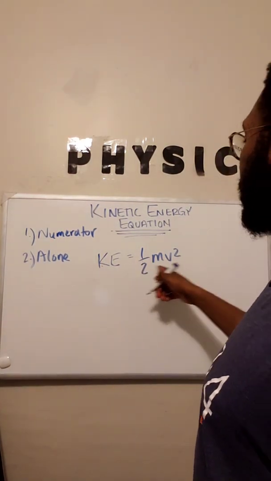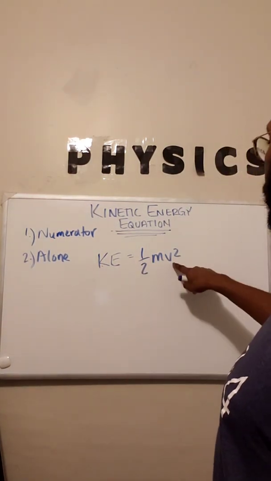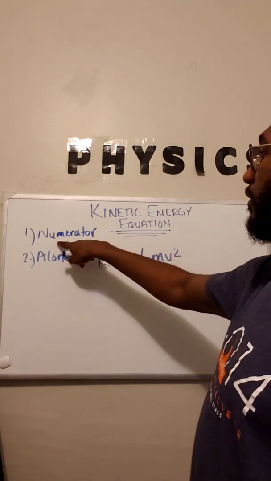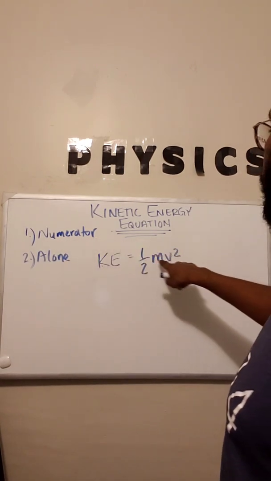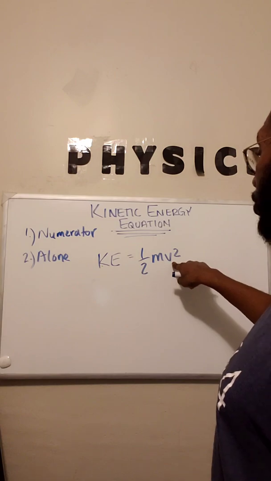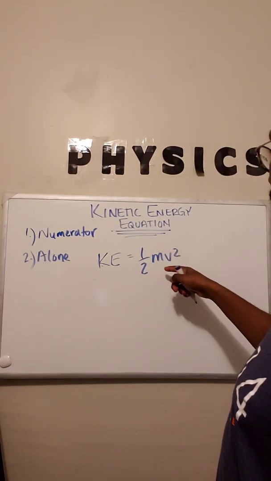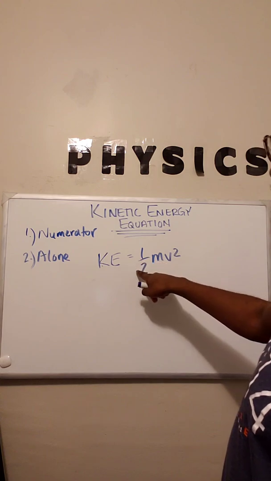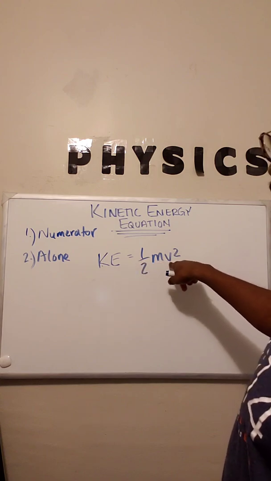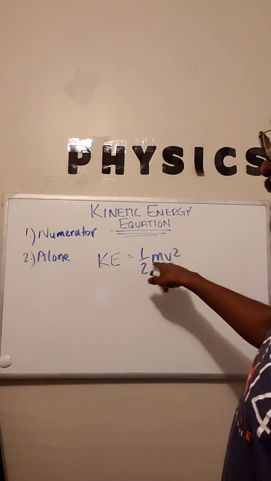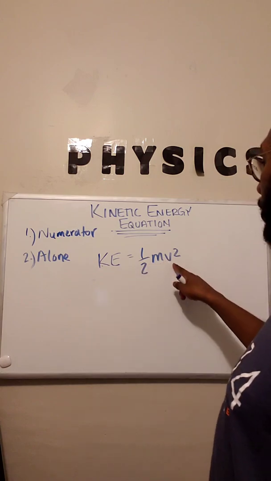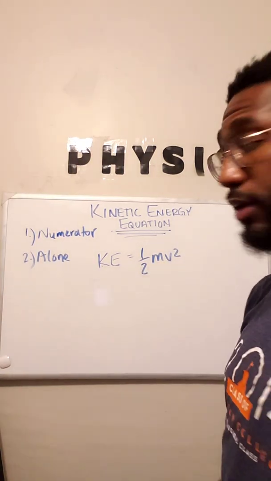So I find myself in a similar situation where the first step is to get velocity in the numerator. Now, the velocity actually is in the numerator, right? We know it's not in the denominator because just like we can tell with the 2, if this v were in the denominator, there would be a division sign above it. But there is no division sign above it, so we know it's in the numerator.